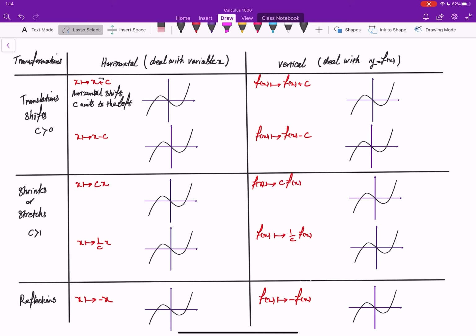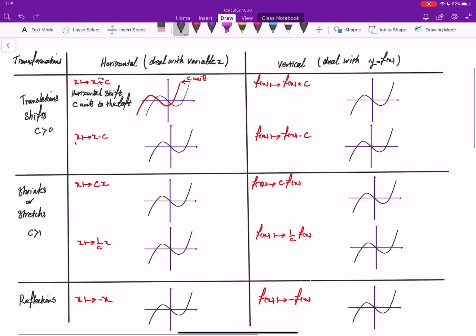Let's just see how this works. It means just slide the graph of the function c units to the left. So this is c units, from the black graph to the red one. If it is x to x minus c, it is again horizontal because it involves x.